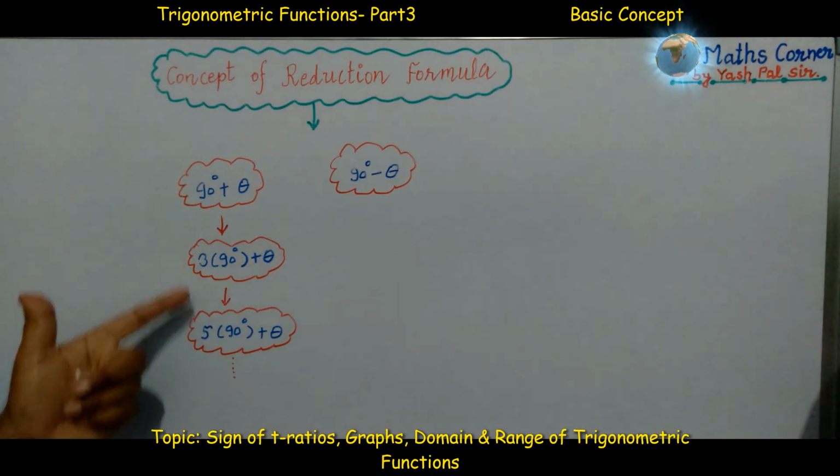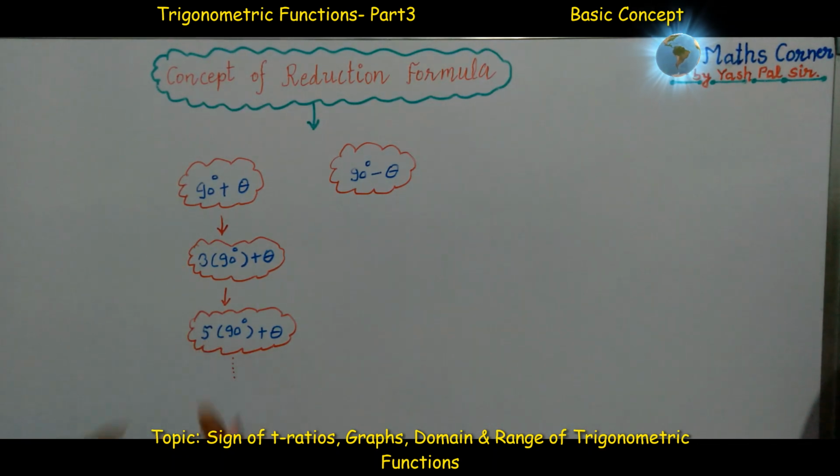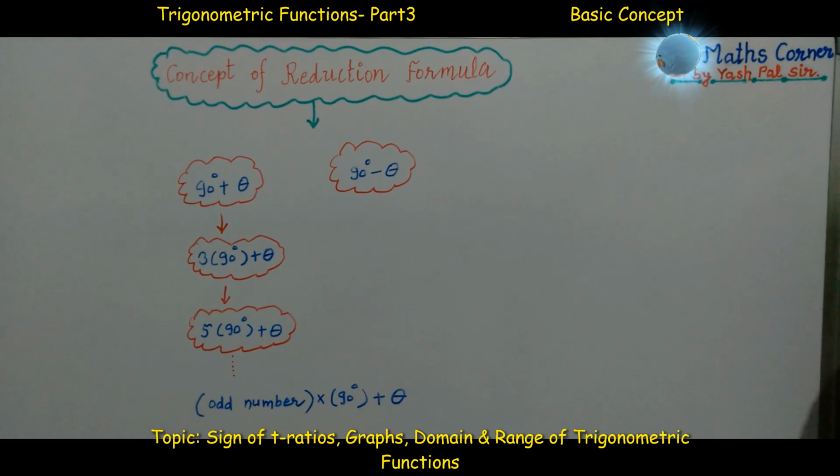What is this? Odd multipliers with 90 degree. That is odd number into 90 degree plus theta.